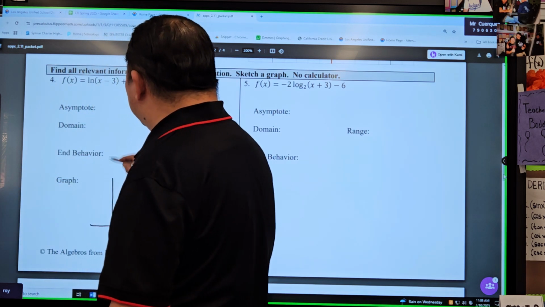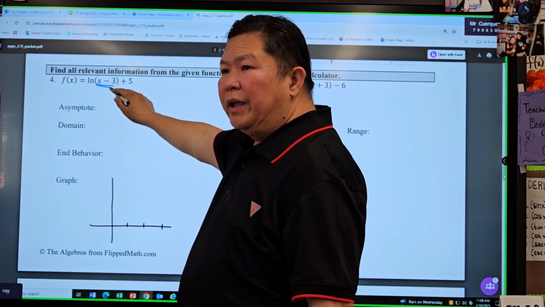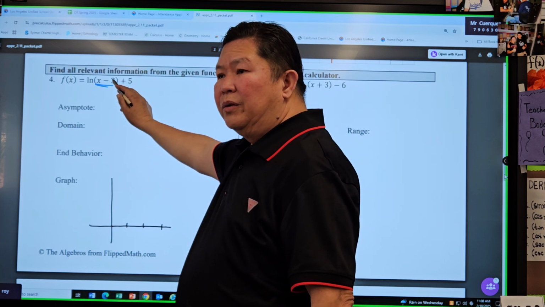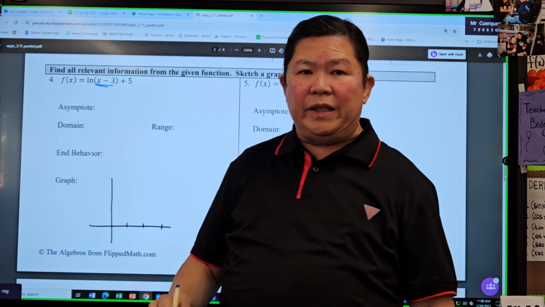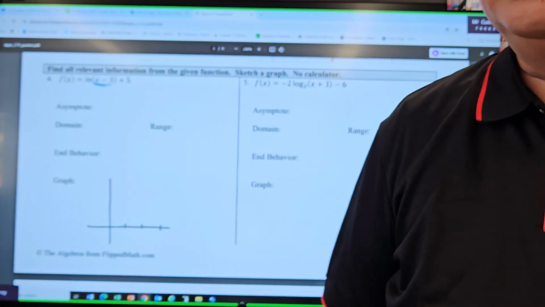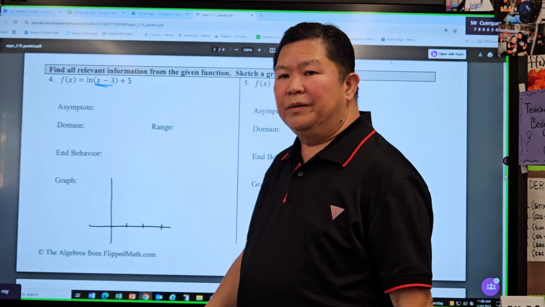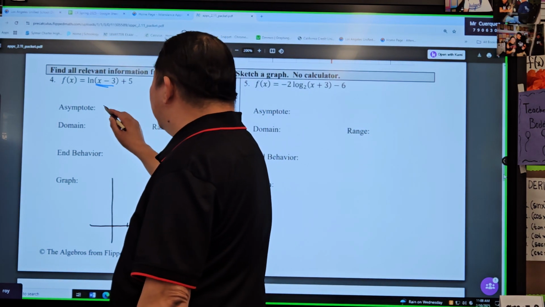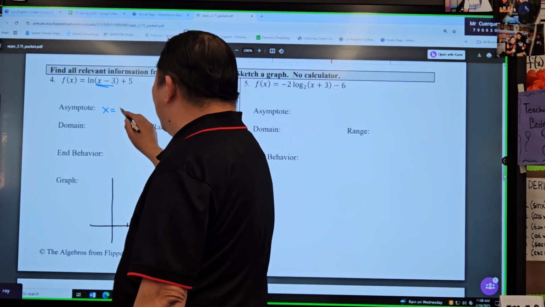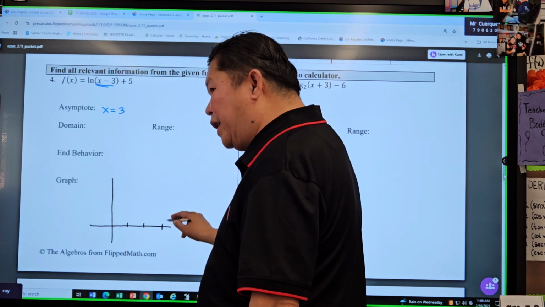The vertical asymptote is the value of x that makes the inside give us 0. It's going to be what number? 3. That means our vertical asymptote is at x equals 3. So this is now our vertical asymptote right here.